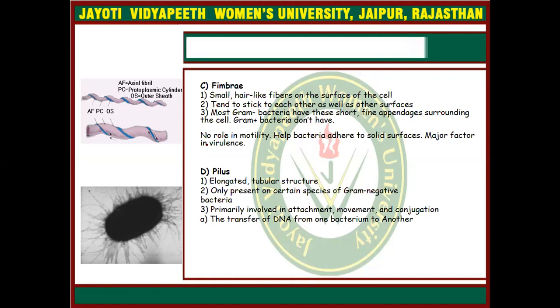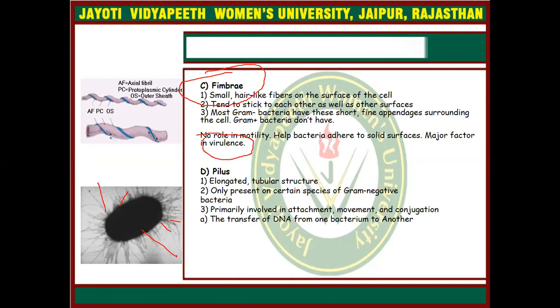So this is the virulence factor which is associated with fimbriae. Next is the pilus. Pili are tube-like structures, and they are present only in some gram-negative bacteria.